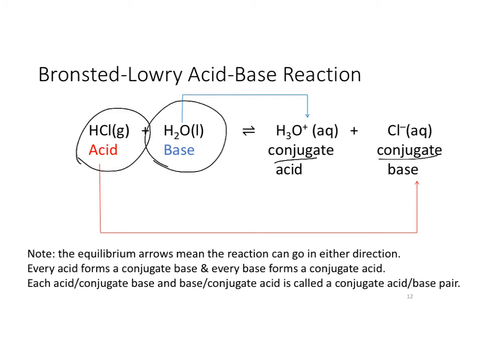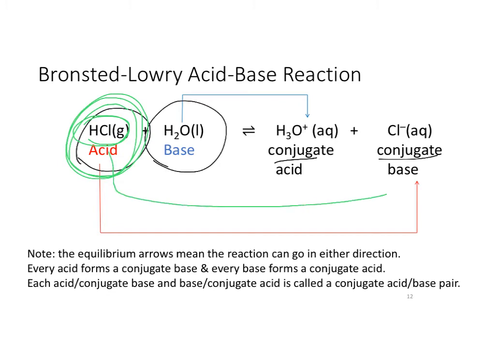And it's not hard, really. Let's look at the acid first. Whatever the acid turns into, okay, so you start with HCl. What do acids do? They give away a proton. What's left when it does? What's left is Cl minus, okay?